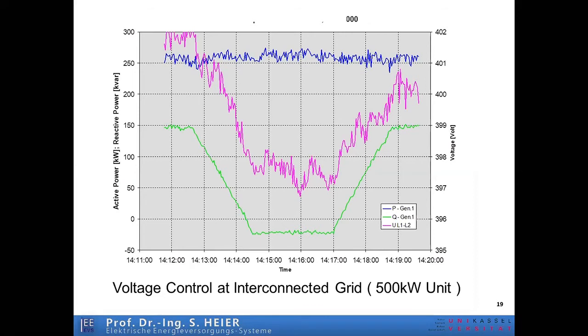This was the largest wind turbine where we could change the reactive power from 150 kilovolt-ampere reactive overexcited to minus 25 megavolt-ampere under-excited, and we go high to this level as before. Then we change the voltage from 402 in our low voltage grid to 398, and we come back again. It means we can change 1% in our interconnected grid.